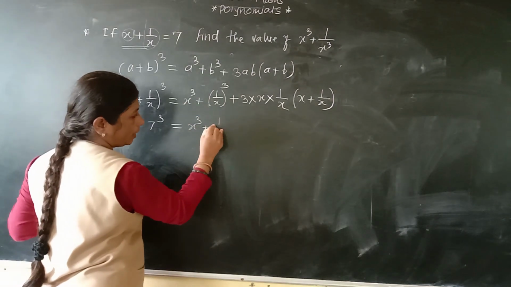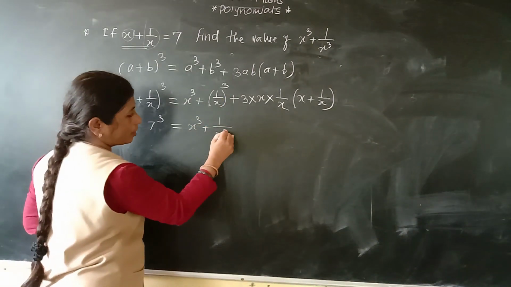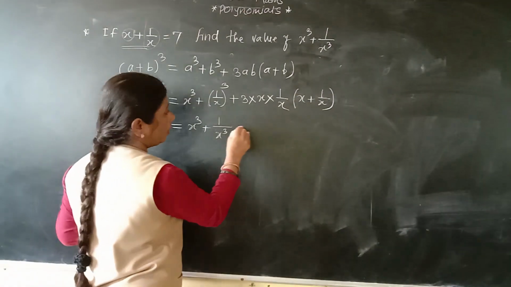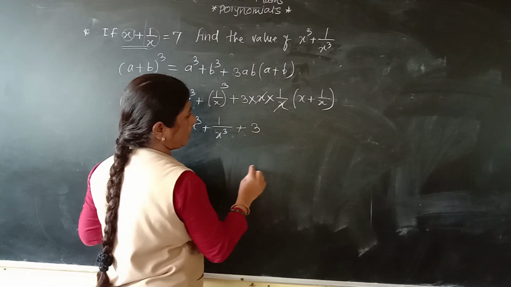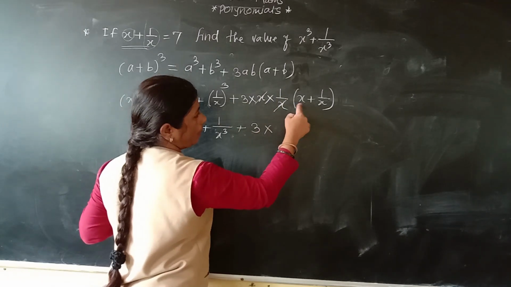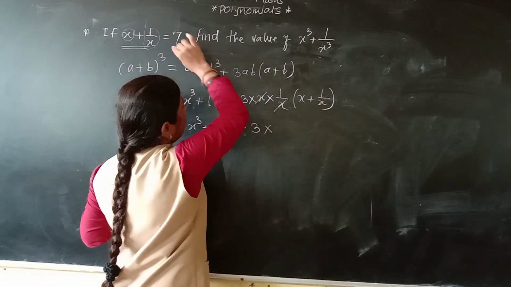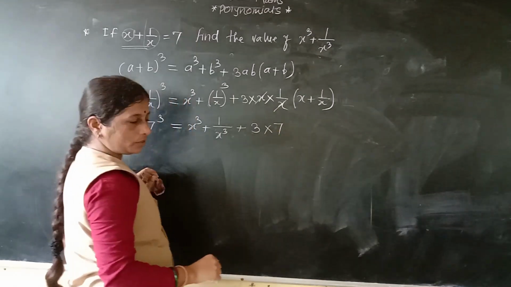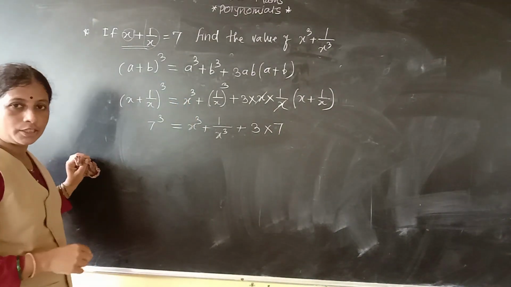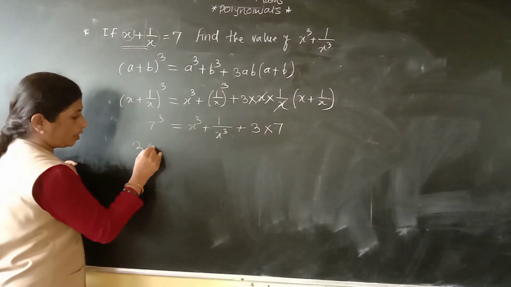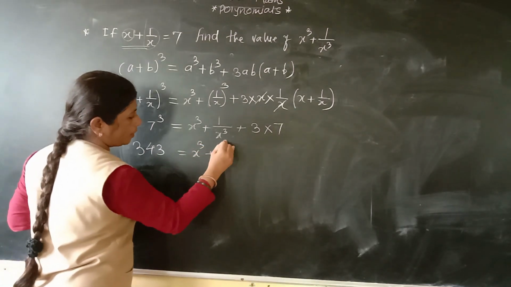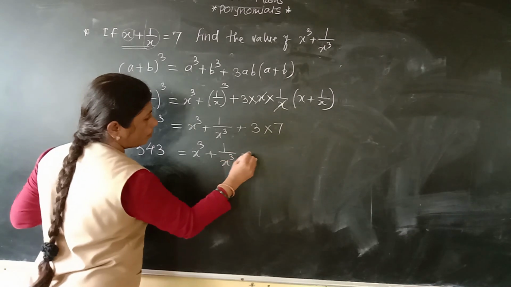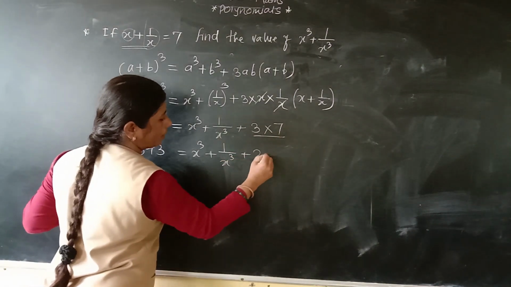plus 1 cube is 1, x cube is x cube, right? Plus this 3 x will get cancelled, so what is remaining? 3 1s are 3, and here multiply by the x plus 1 by x value, which is 7. Okay, now what is 7 cube? That is 343. Equals x cube plus 1 by x cube plus 3 7s are 21.